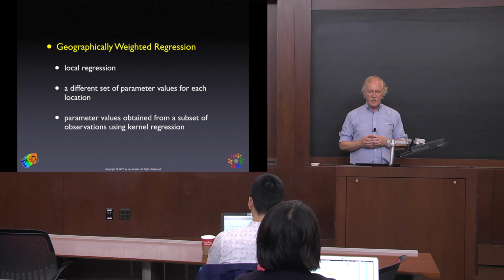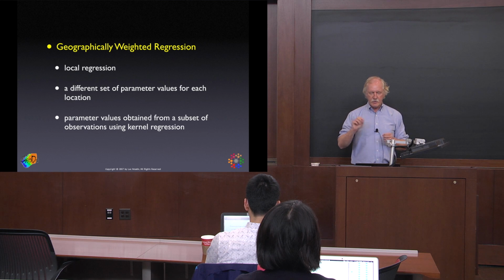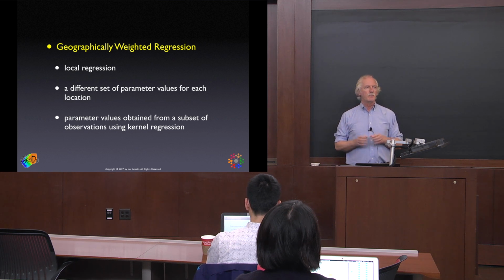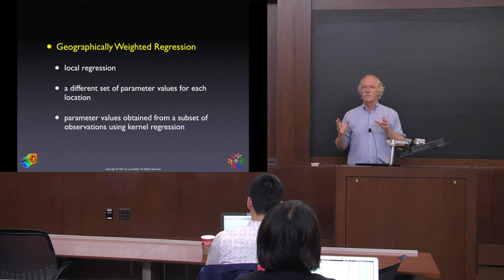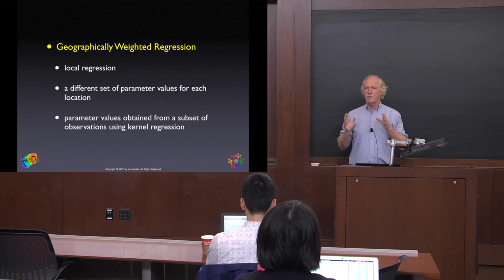And this is really a special case of a local regression. I'm going to spend just a few minutes putting this into context, because local regression is about attribute space, the space of the variables, the y's and the x's.